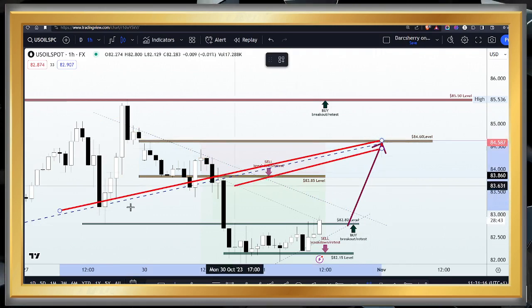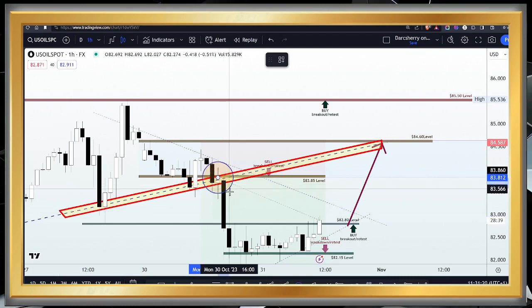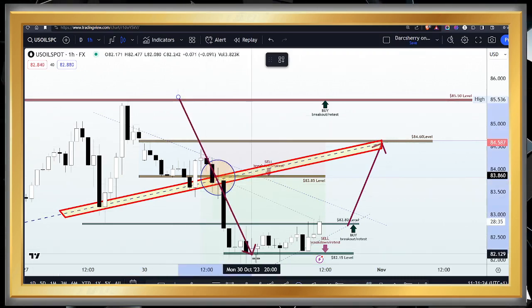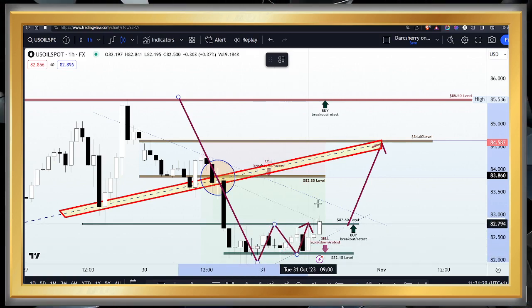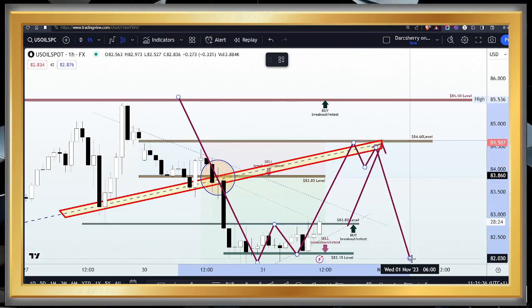This ascending trend line here, we saw it broken right around that $83.85 zone, and from a technical standpoint, when we have structures like this broken, we expect at some point in time price may come back to retest the structure and incite a sell-off.